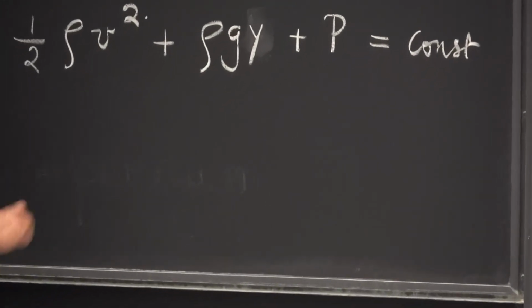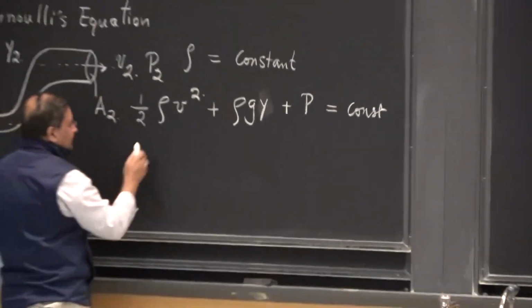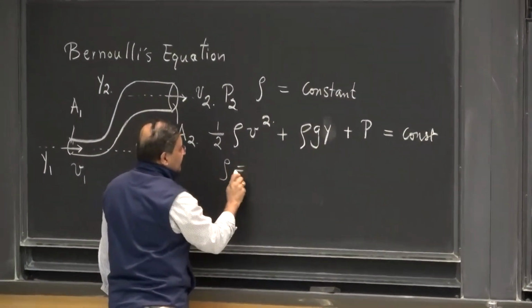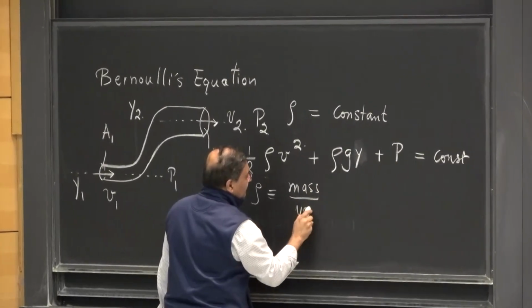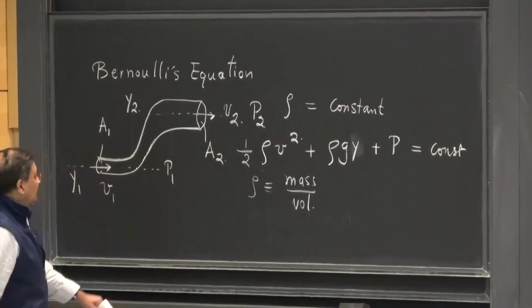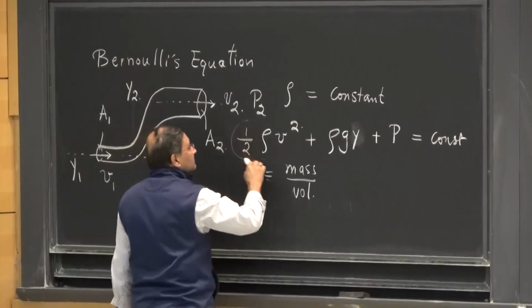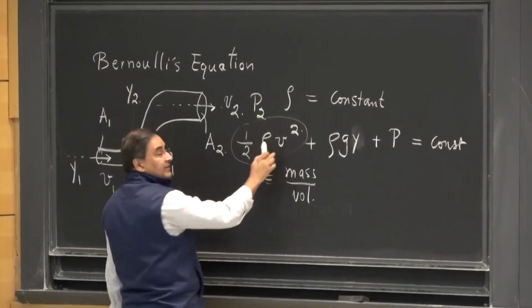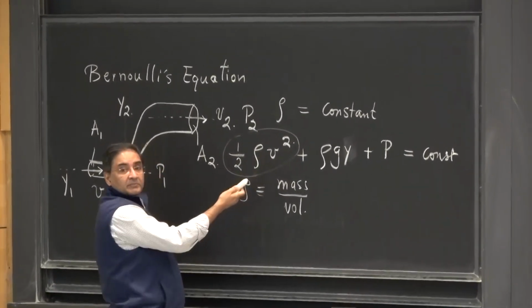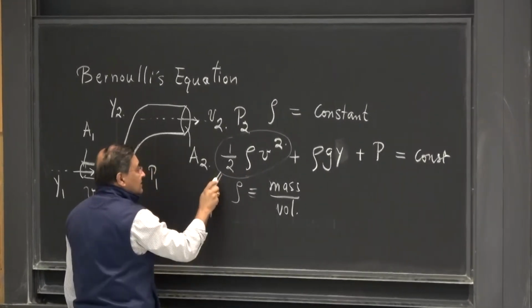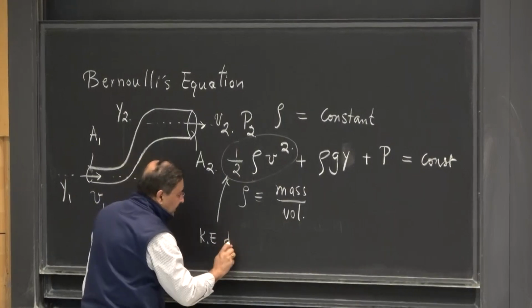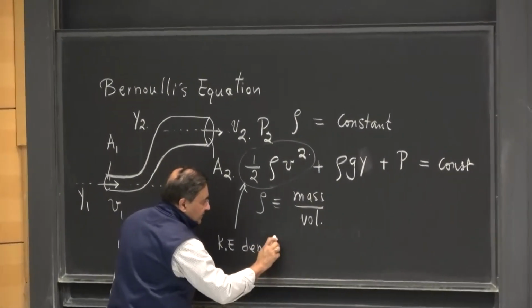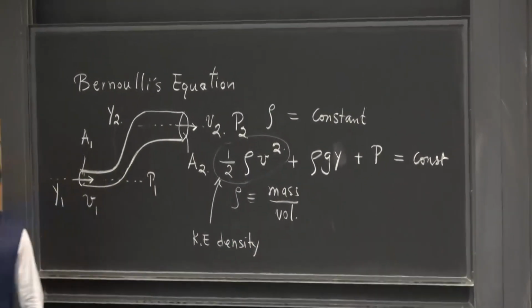So density, as you know, the definition of density is mass over volume, right? So this piece here is half m v squared over volume, which is kinetic energy over volume, which we call kinetic energy density. So anything divided over volume is typically written like that.